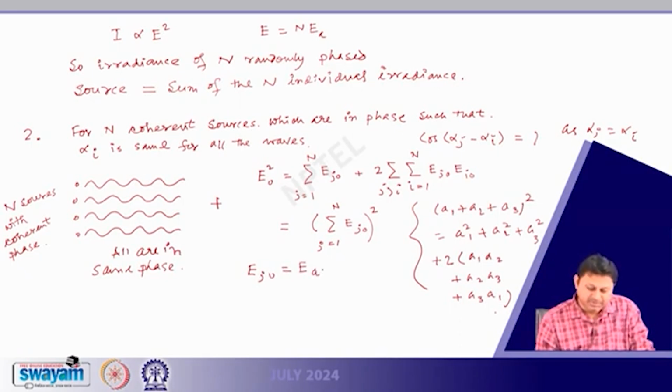all the values are the same for the same amplitude, then my E0 square is essentially the sum over j going from 1 to n of Ej0, whole squared, and that value is n multiplied by Ea, and whole square of that.